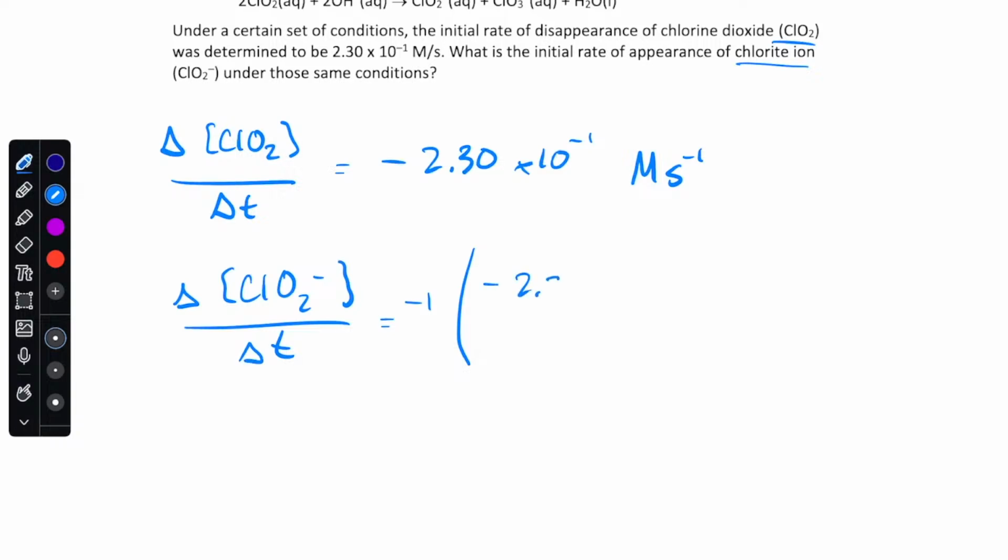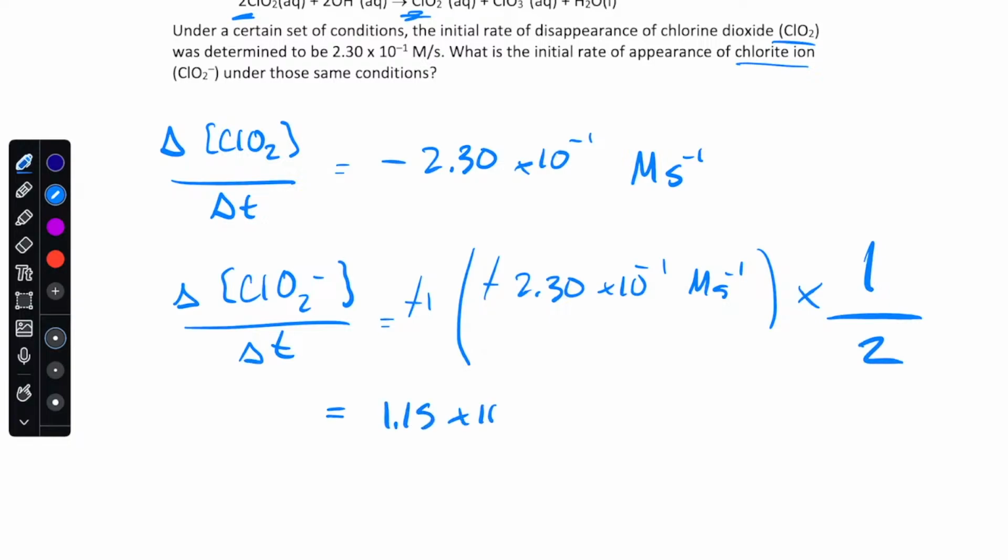Negative 2.30 times 10 to the minus 1 molarity seconds to the minus 1, times the prefix in front of the one you're converting it to, which is 1, divided by the prefix of the one you're converting it from, which is 2. So you're going to be multiplying that by 1/2. The negative and the negative will cancel, and the number you should get is 1.15 times 10 to the minus 1 molarity per second, or molarity seconds to the minus 1, or moles per decimeter cubed per second to the minus 1. Lots of different ways to express the same unit.